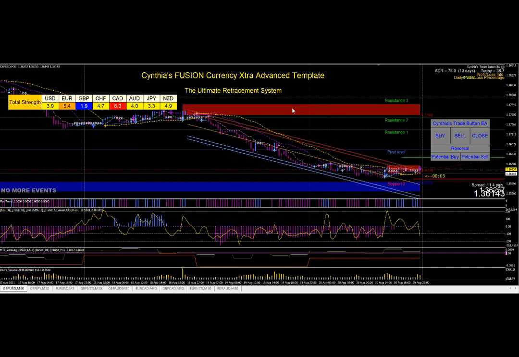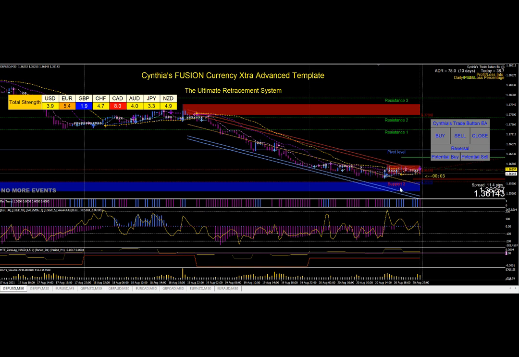So basically we are looking for trades that are following the major trend of the gold Bollinger Band line, selling out of the red resistance, taking profit along the way at the Fibonacci resistance and support levels, and then you can have a final exit all the way down to the bottom when price actually hits support 2 and the blue support zone.